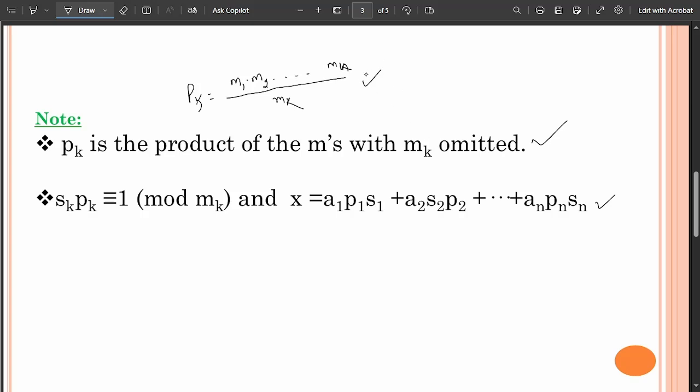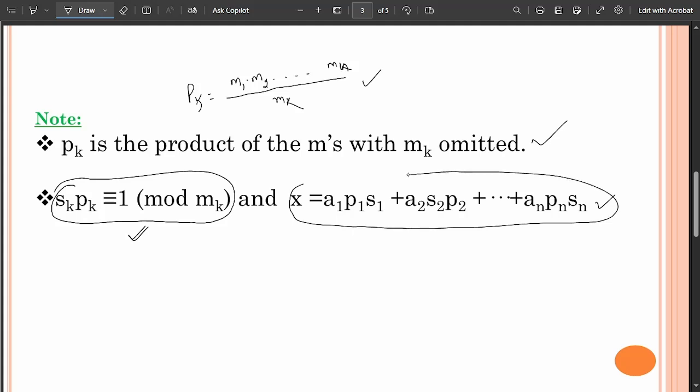This is Pk, and Sk Pk is congruent to 1 modulo mk. This is an important result, and from it we find x from this formula. We have a1 a2 up to an from the question. You can find p1 p2 up to pn from this formula, and s1 s2 up to sn from this formula. So let's do an example.